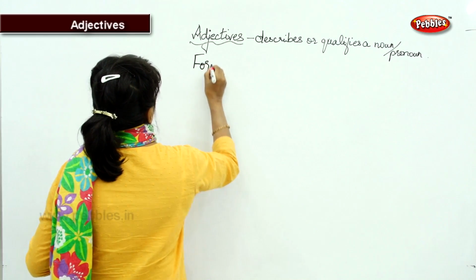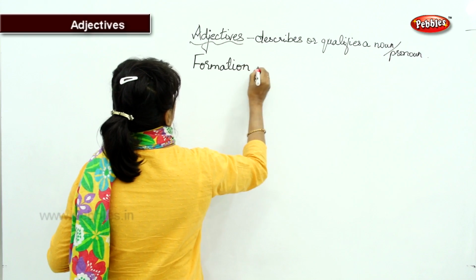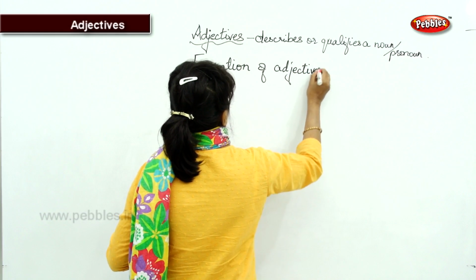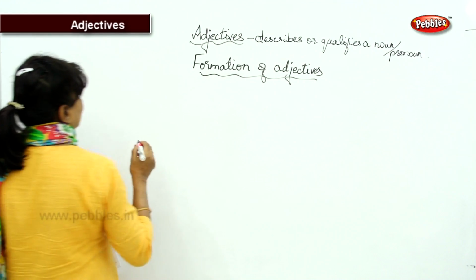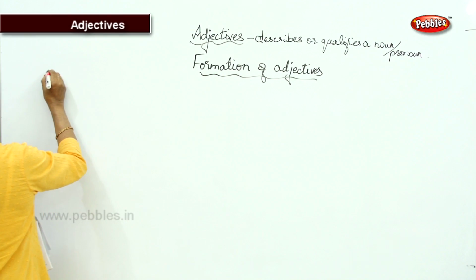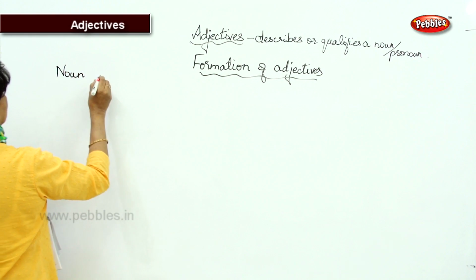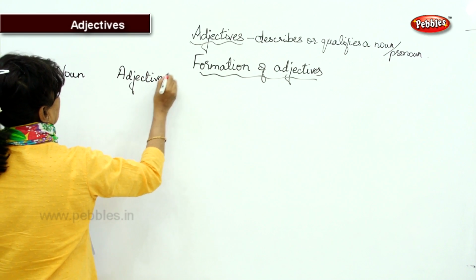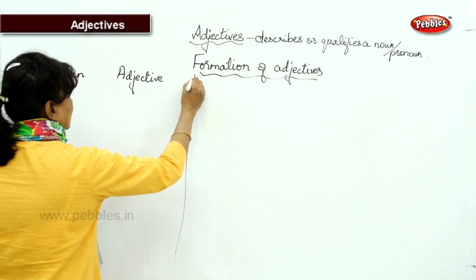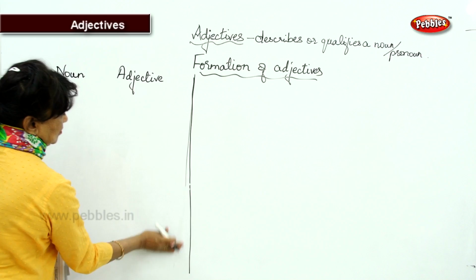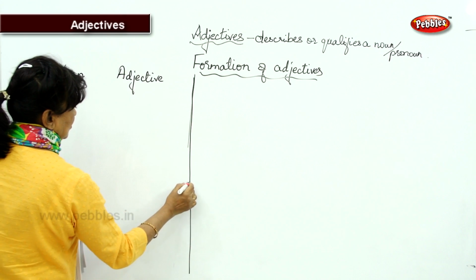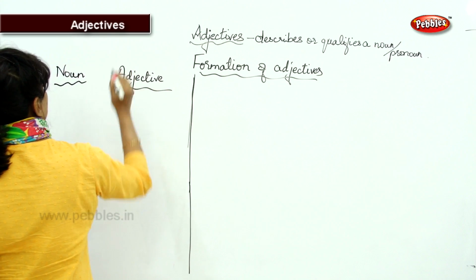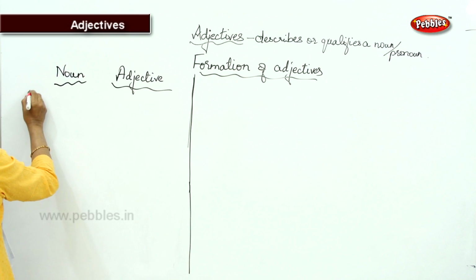So this is formation of adjectives. Now we are going to do from noun. Noun to adjective. Now, first word.